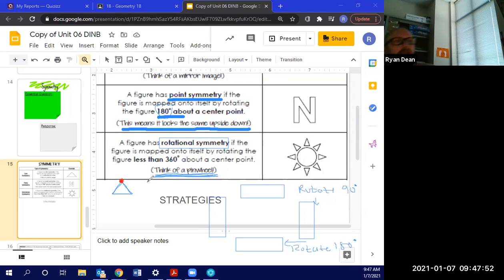I'm going to need to get another point. If I'm rotating my shape, I need another one of these vertices, whether it's here or here, it doesn't matter. But at some point, I need to rotate this triangle to where this X ends up here at the top, or this X ends up here at the top.